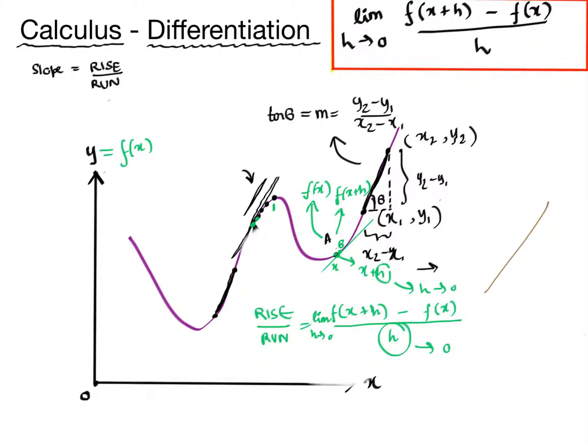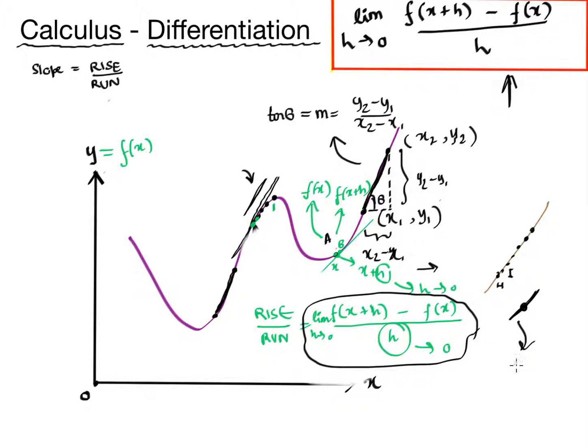What we are doing is bringing the points so close together, closer and closer, so that we decrease this distance, and the function value decreases too, and then we find the steepness at that point of the graph. At that point, the steepness is represented by this, which I've also written over there. That's a very important formula.